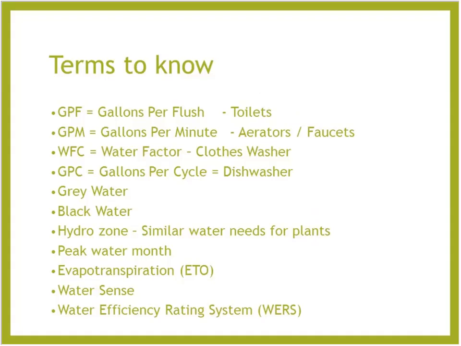So terms to know: GPF, gallons per flush, is for toilets. GPM, gallons per minute, for aerators and faucets. WF is water factor. GPC is gallons per cycle. Graywater is a pretty hot topic now, and we'll get into that in a little bit.